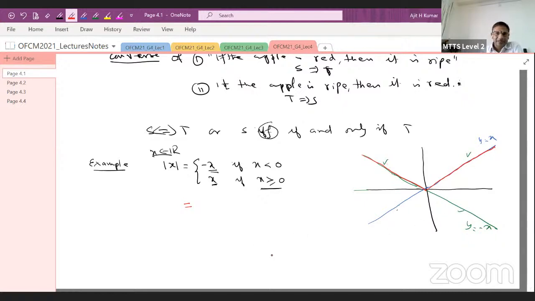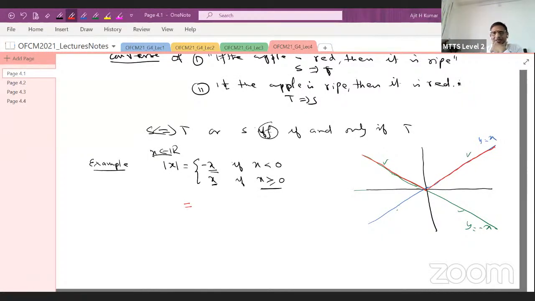So that should give you some new way of defining. Anybody else? We are comparing y equal to x and y equal to minus x.